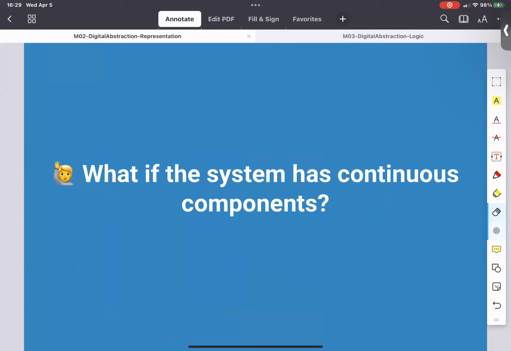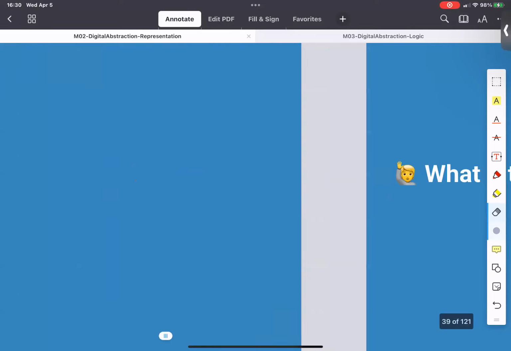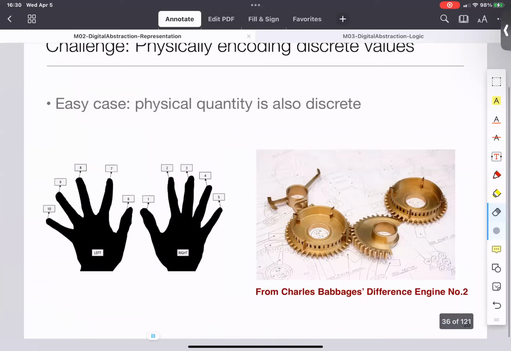Now the question we can ask is, what if the computer has continuous components? Our transistors are not themselves discrete devices. Transistors, using which we make our computers, are unlike gears. Gears are intrinsically discrete, they have a discrete number of gear positions.